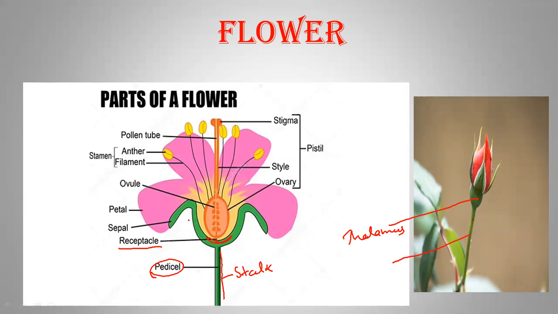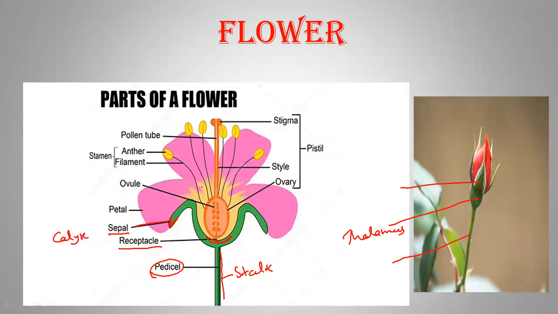Now all the floral appendages are fixed on this thalamus. So the first one is this green leaf, which is known as sepal. This green leaf protects the bud, and a group of sepals is known as calyx.